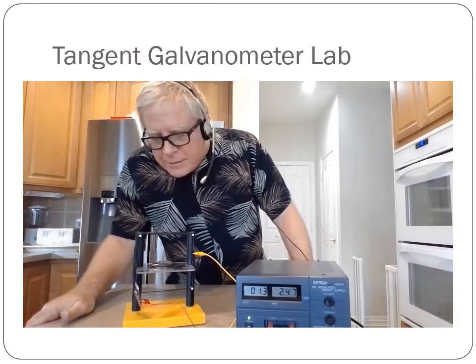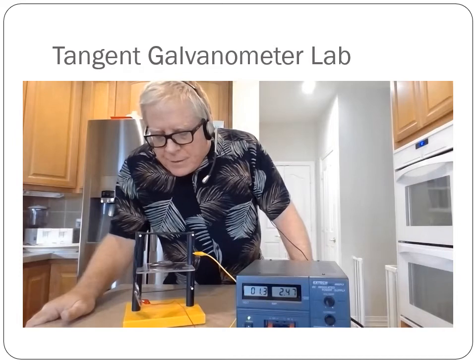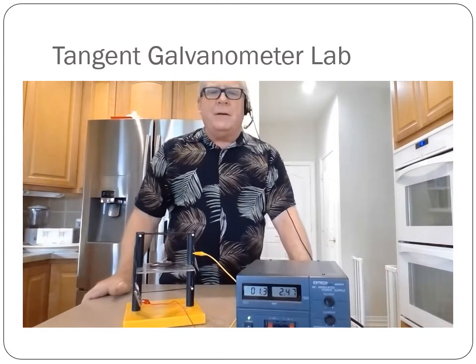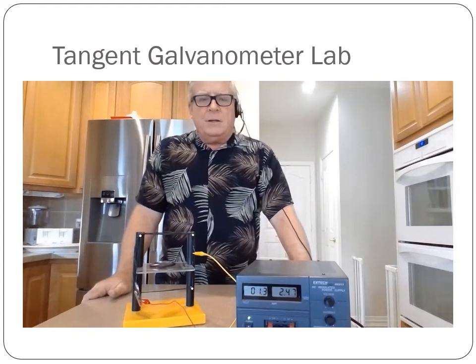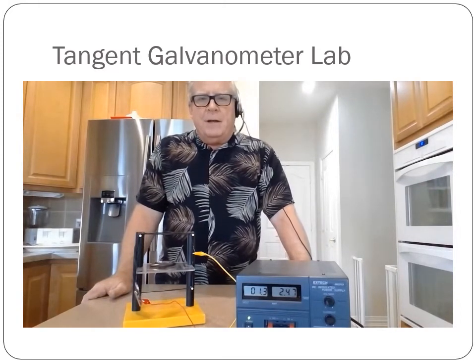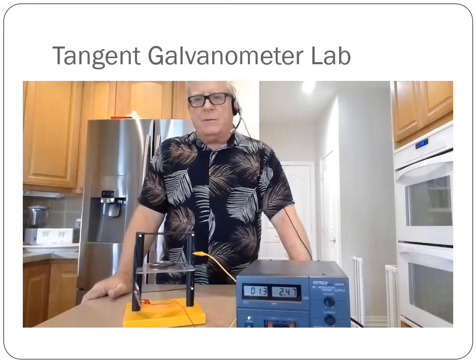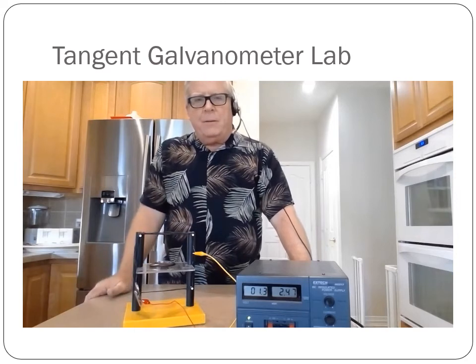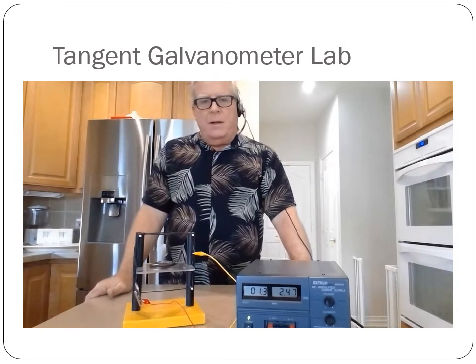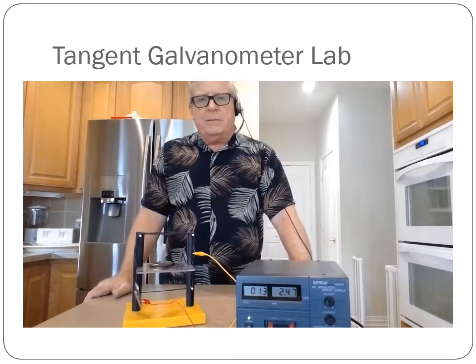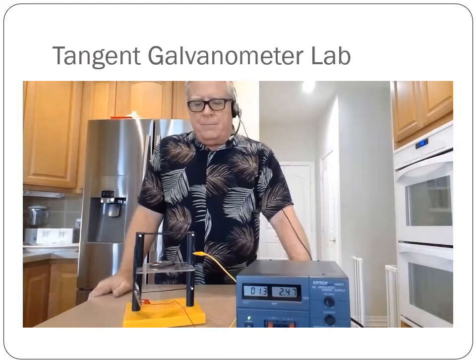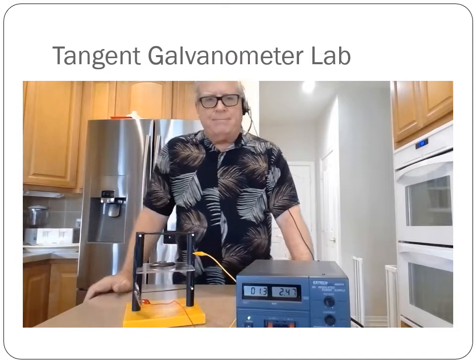Looks like it is 70 degrees. 70 degrees is my deflection there. So we'll analyze this data, and we'll see if we can get an estimate of how the strength of the magnetic field produced by my current depends on the current.